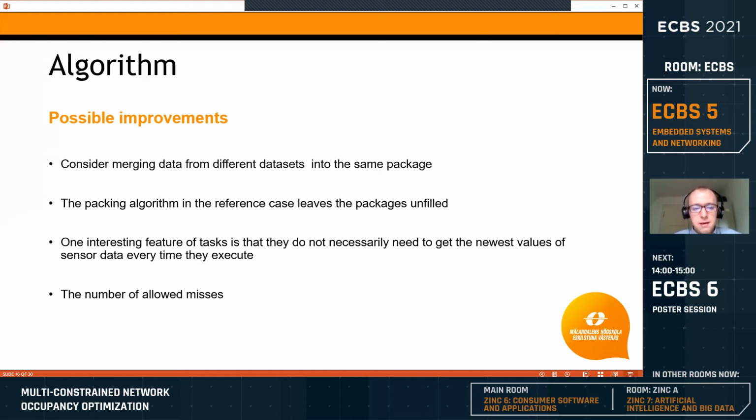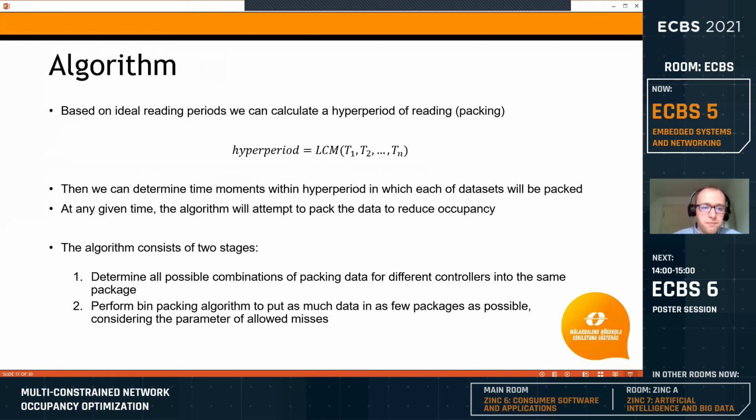That's why we introduce a parameter called number of allowed misses, or how many times a task doesn't have to receive or use the newest value of sensor data or a signal. And we'll see that it can tremendously reduce the network occupancy later.